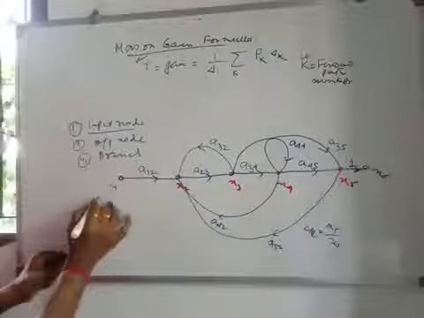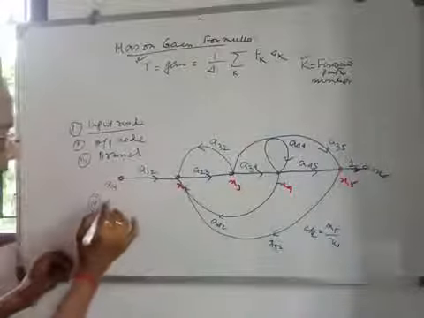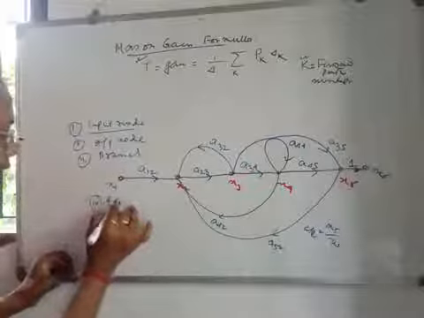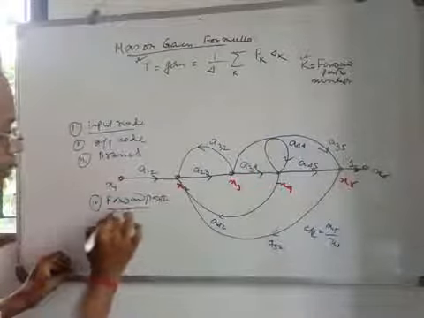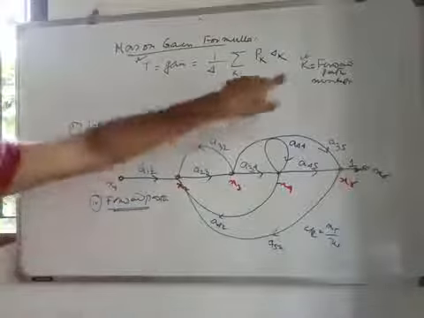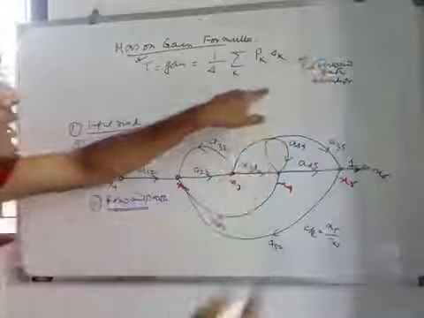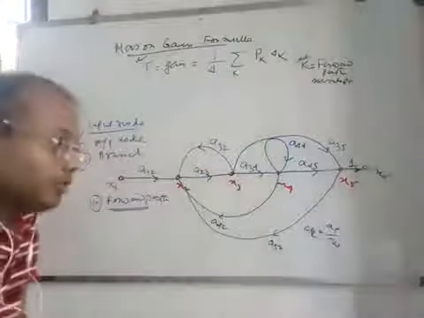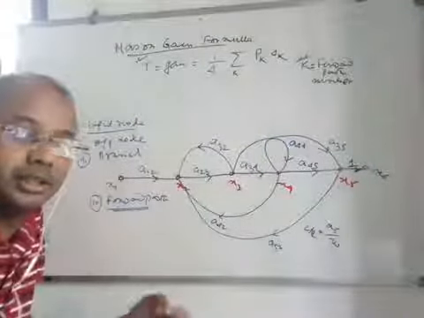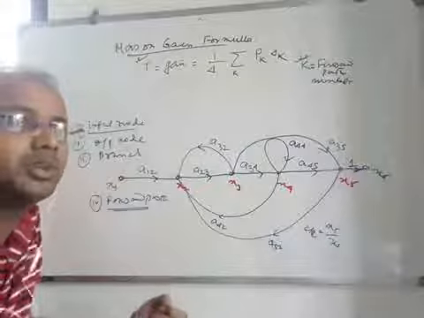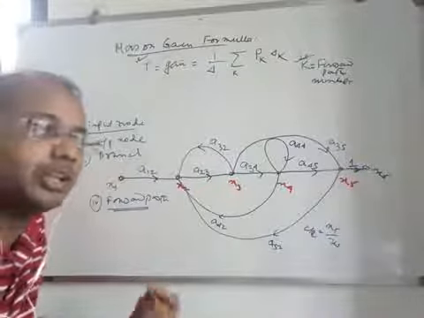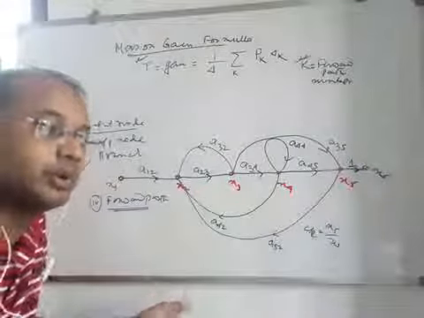Number 4, forward path. This is very much important because it is required here. In the Mason's gain formula, when you apply it to find the gain, the number of forward paths is very much important. So you have to find the forward paths first. What is a forward path?